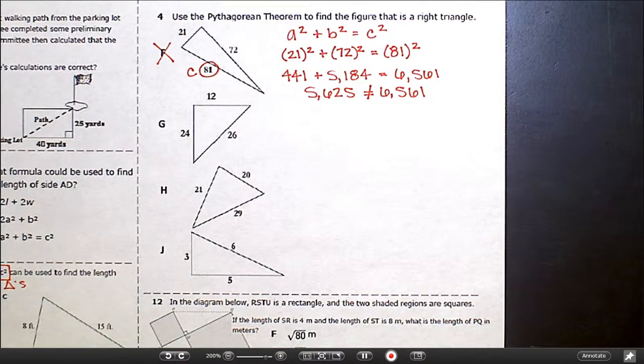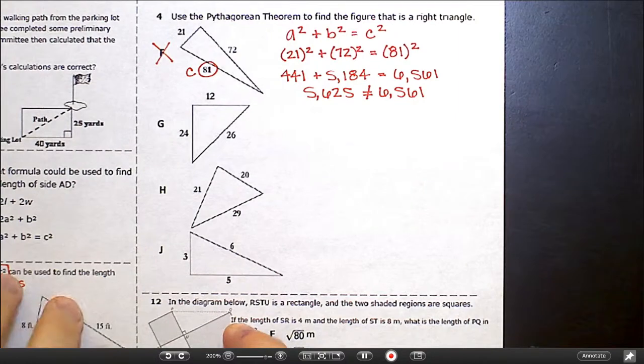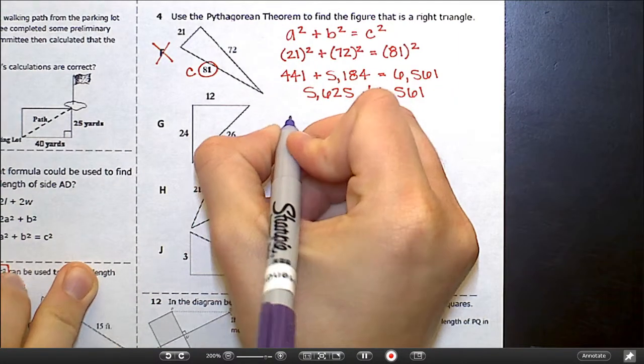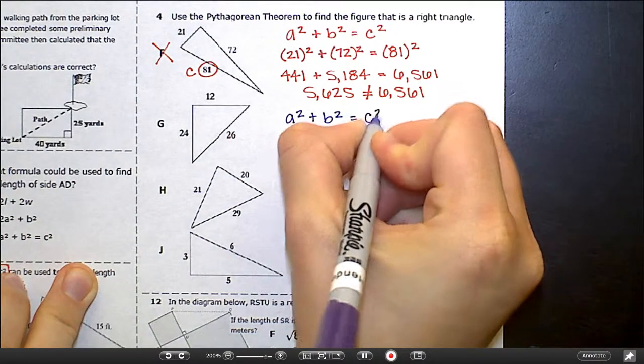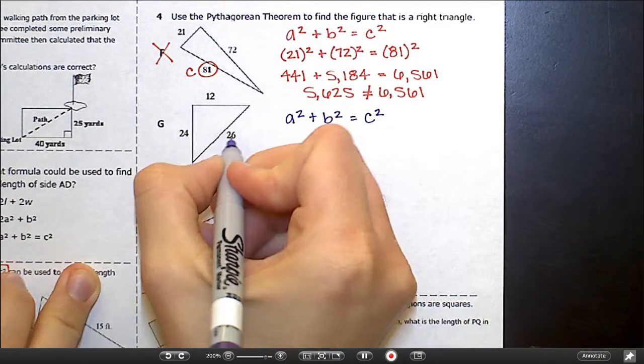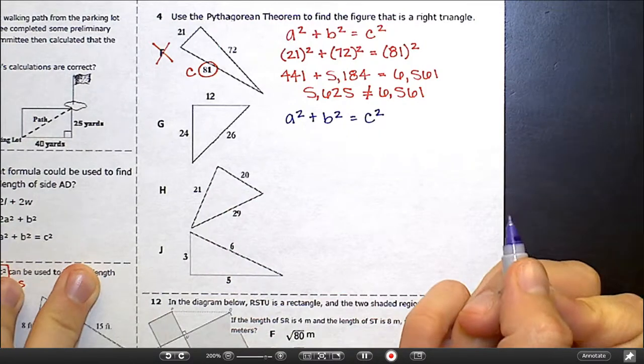Let's look over at G. Okay, so again we start with the same formula. A squared plus B squared equals C squared. And my longest side, and again, don't go based on what it looks like.